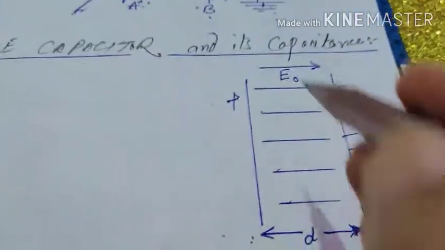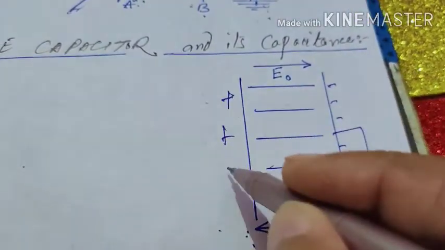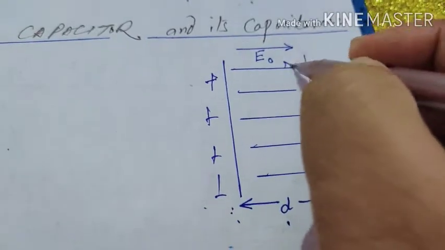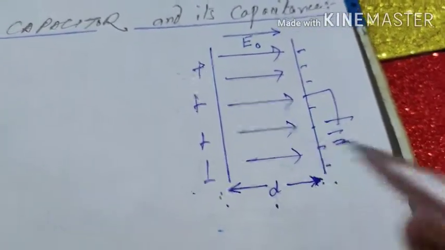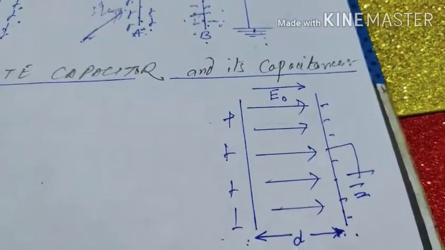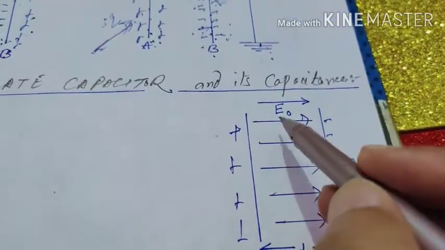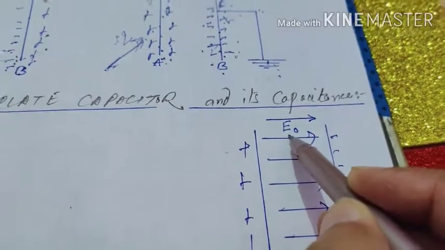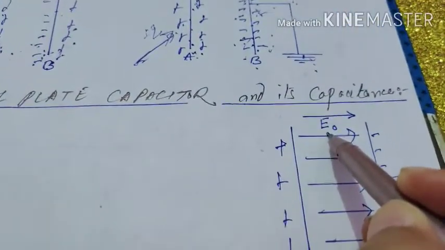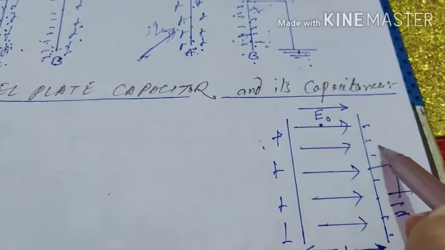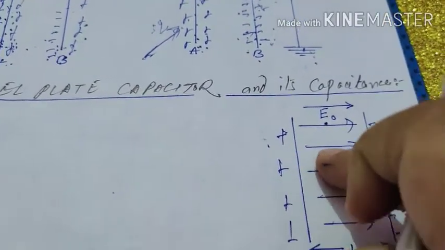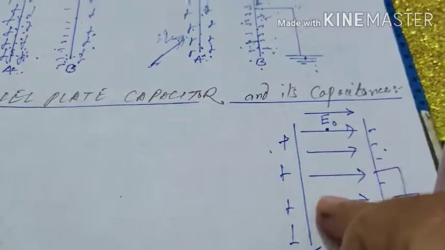We know that electric lines of force always start from positive charge and end at negative charge. So this is a uniform electric field, shown with the help of arrows, and this electric field is represented by E naught. That E naught is the electric field between the plates of the capacitor when nothing is there between the plates, or I can say when vacuum is there.